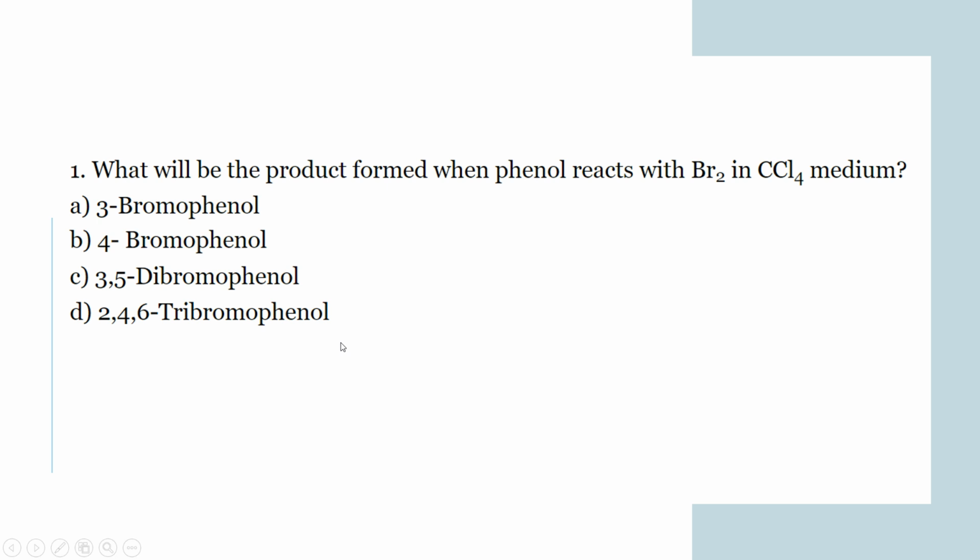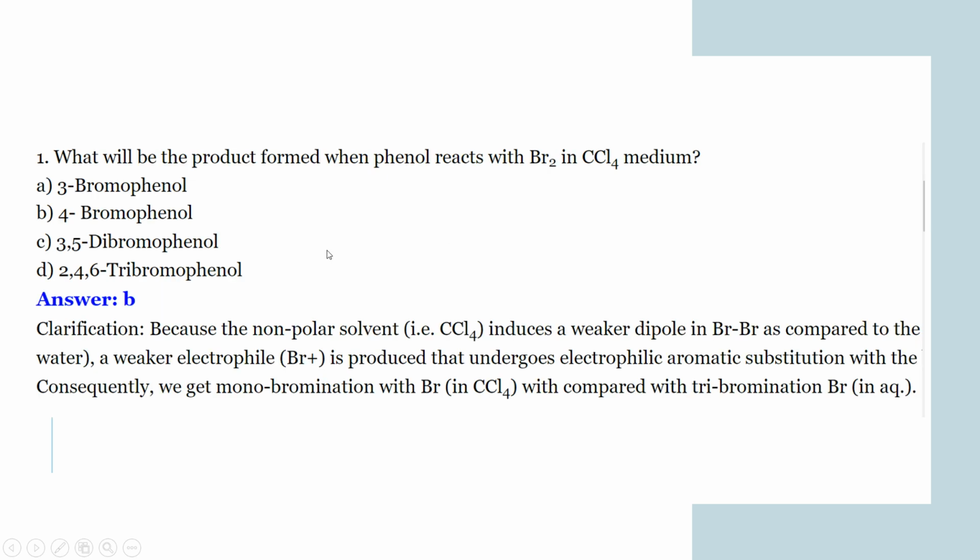So what happens? Because of the weak electrophilicity of Br positive formed in the nonpolar solvent CCl4, only monobromination is possible in this reaction. Due to this reason, only one bromine will be introduced to the phenol ring. Tribromination will not be possible under this non-polar solvent reaction condition.